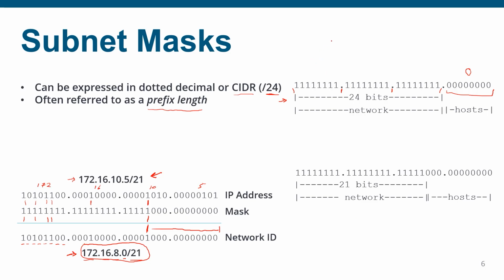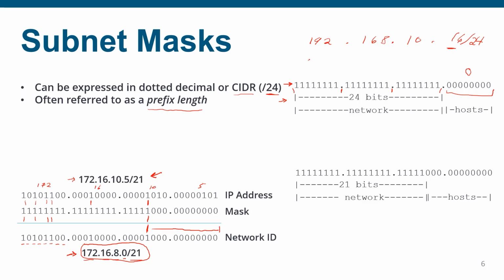So if I was the address 192.168.10, and since this is a 24-bit mask, we see that just the last octet here will be 0.